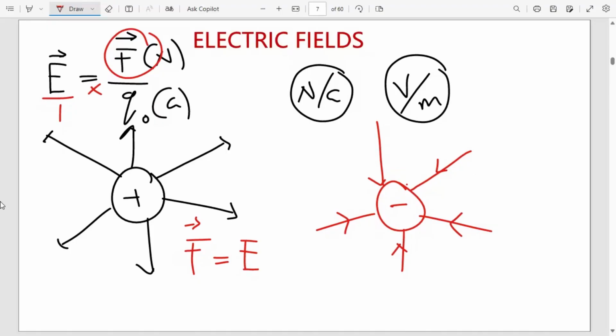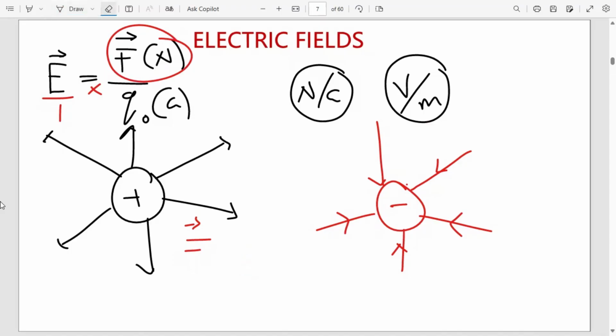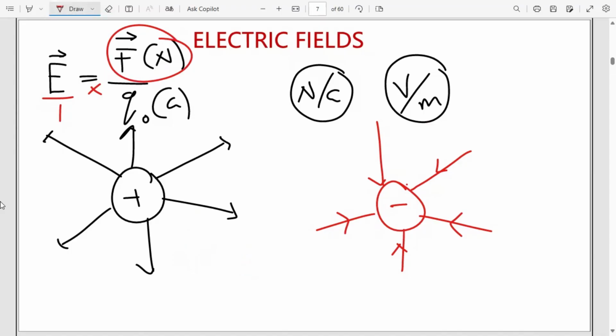Using this same formula, we just make the electrostatic force the subject of the formula.